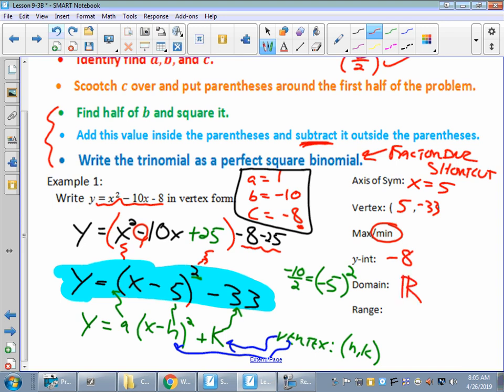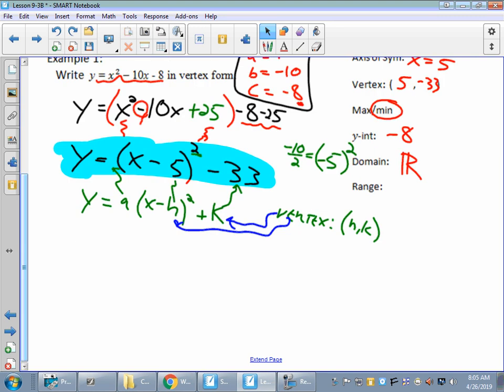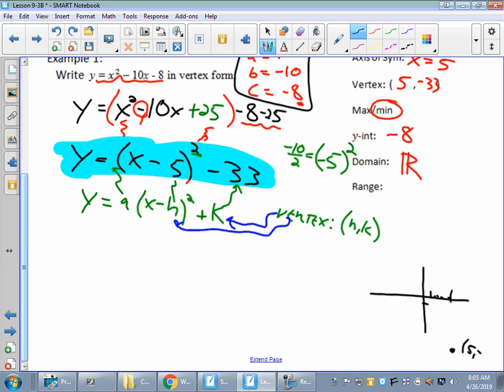And the range, like we said, is a tough one. But let's look and see. You'd have to just sketch a quick graph of this. The one thing we do know is, if I did a quick graph, I know that 5, negative 33, 1, 2, 3, 4, 5, and negative 33, that's going to be way down here. That would be my vertex, right? And since that's a minimum point, that's why maximum minimum is important, your graph's going to be going something like this.